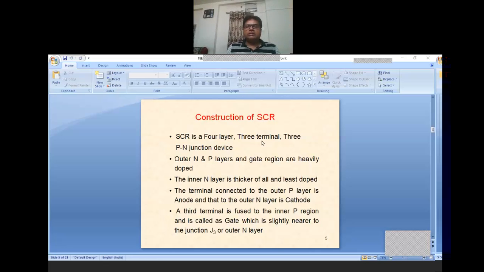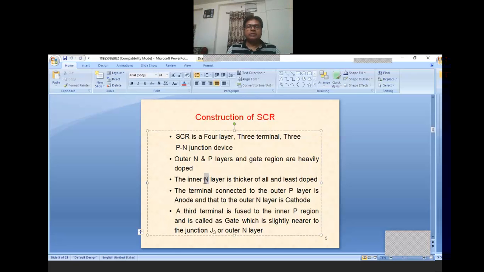SCR is a four layer, three terminal, three PN junction device. Outer N and P layers and gate region are heavily doped in the sequence mentioned. The inner N layer is thicker of all. Sorry, there is a mistake over here.